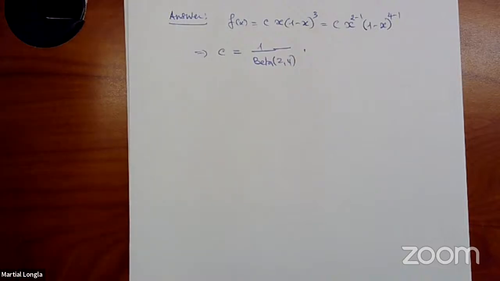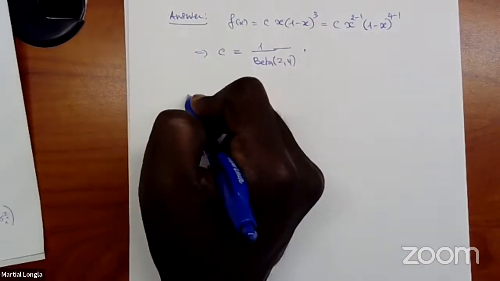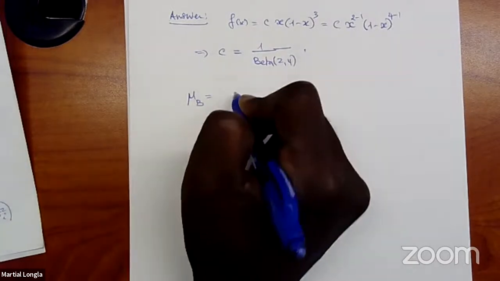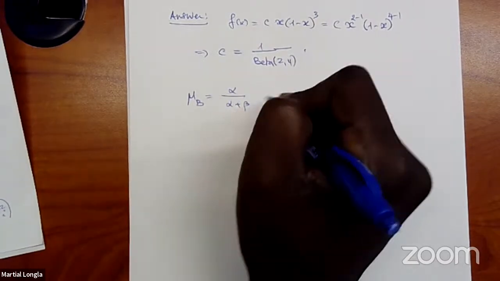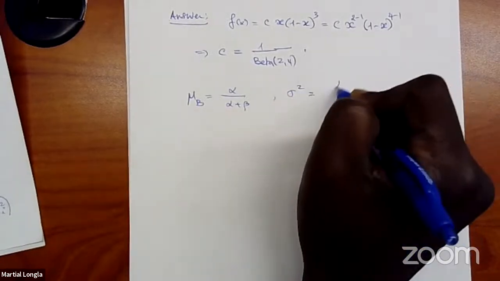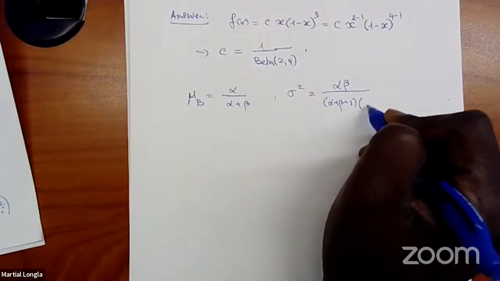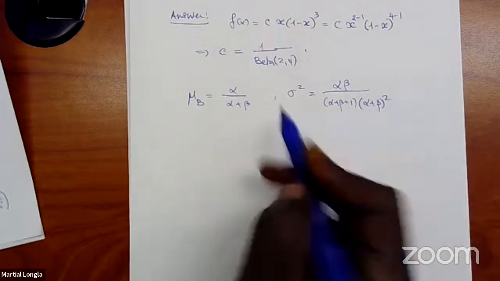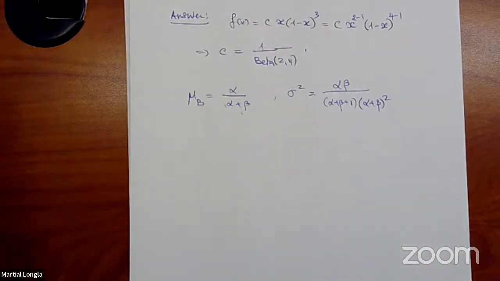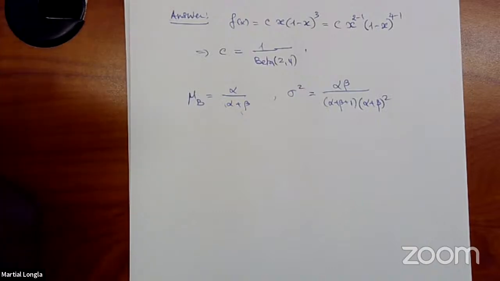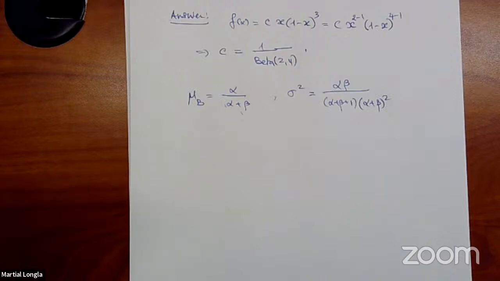One last thing I can add for you here would be that the mean of the beta is equal to alpha over alpha plus beta, and sigma squared is alpha beta over alpha plus beta plus 1 times alpha plus beta squared. These two might be handy at some point. As of now, it's not useful. Right. If there are no more questions, then we shall stop here today.